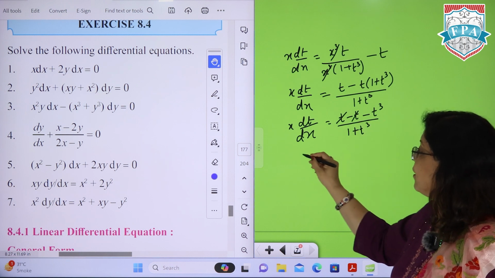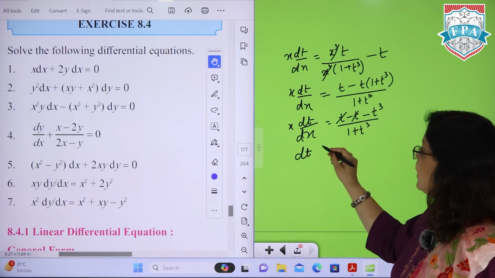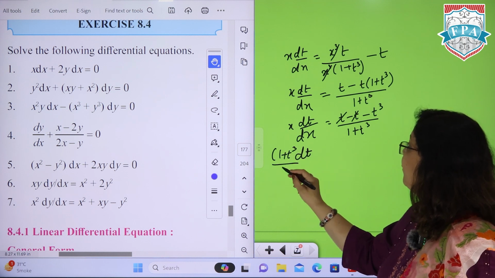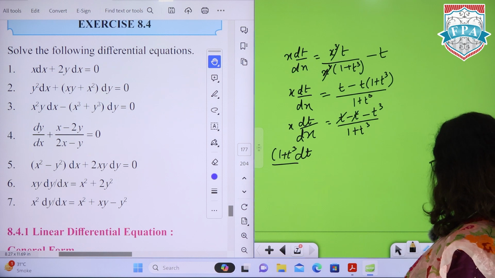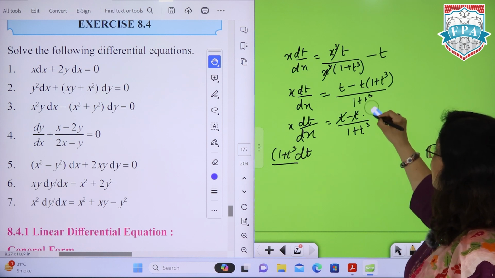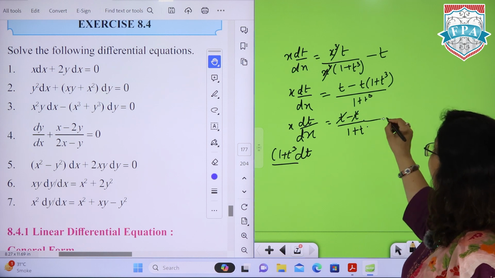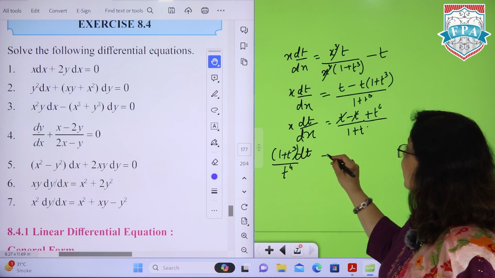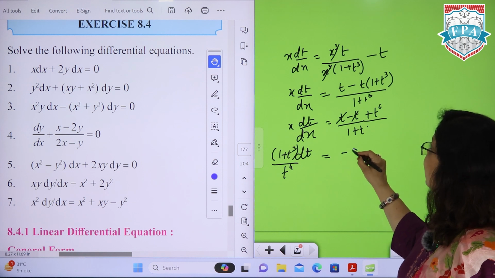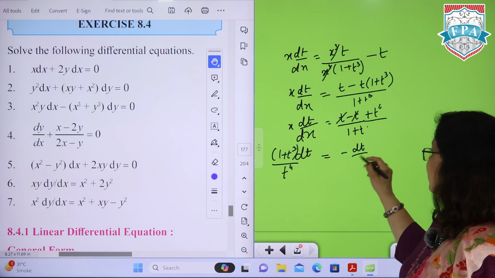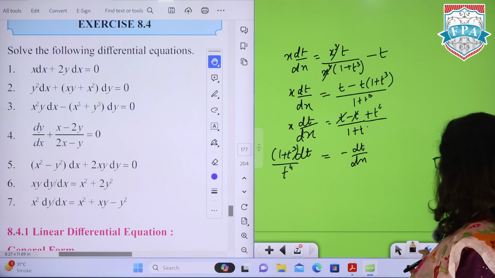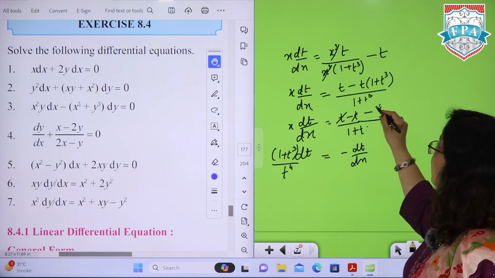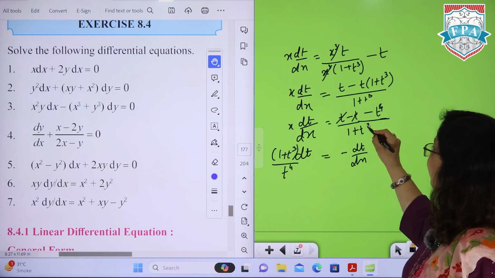This t is getting cancelled. dt, so this will come towards dt, which is 1 plus t cube upon, this will become t to the power 4, one thing here. So we are dealing with now, because t into that, so upon t to the power 4, and here minus dx by x. माइनस क्यों आ रहा है? क्योंकि ये जब टर्म चेंज हो रहा था तो यहाँ पे ये माइनस चेंज हुआ है because of the sign outside.